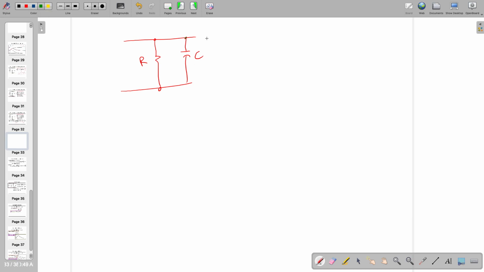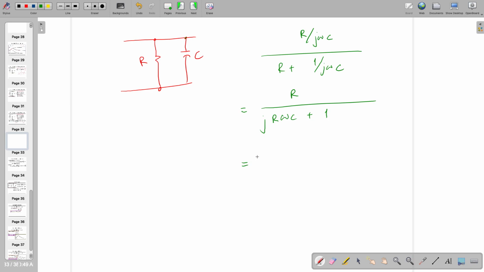So writing the equivalent impedance, what we are going to see, right? So what will be the magnitude of this impedance function? Magnitude.